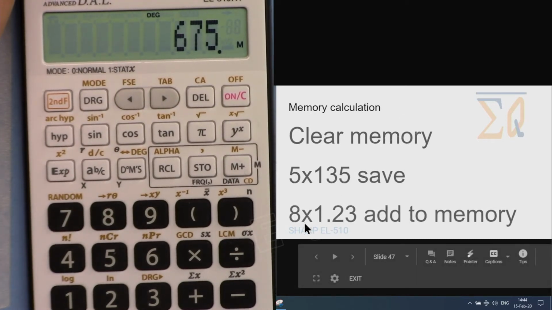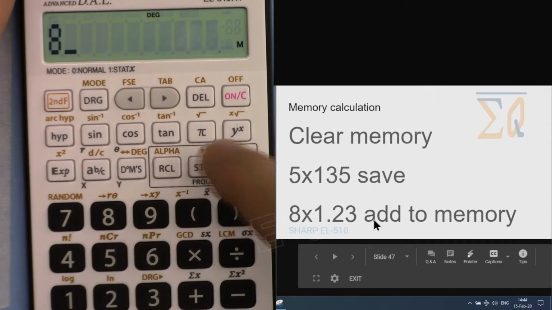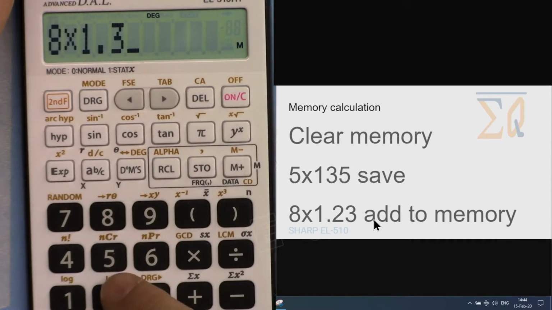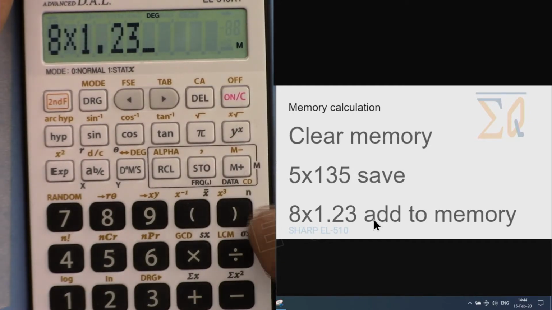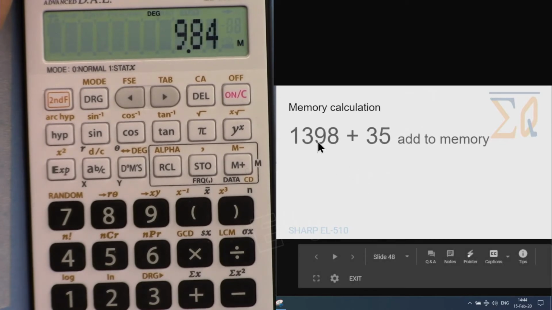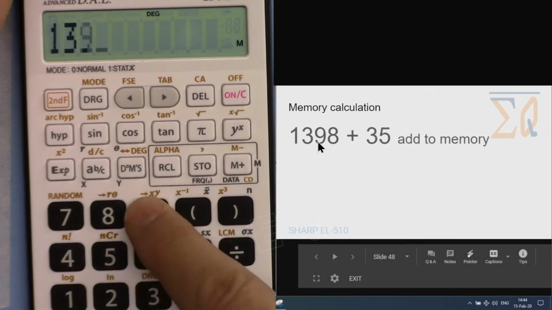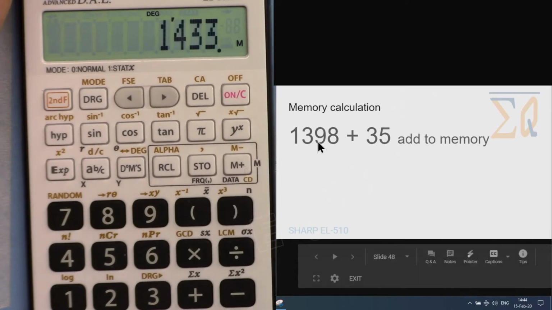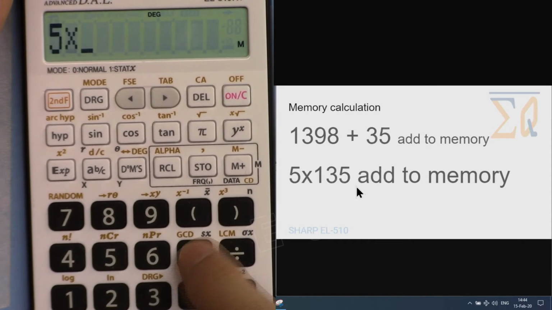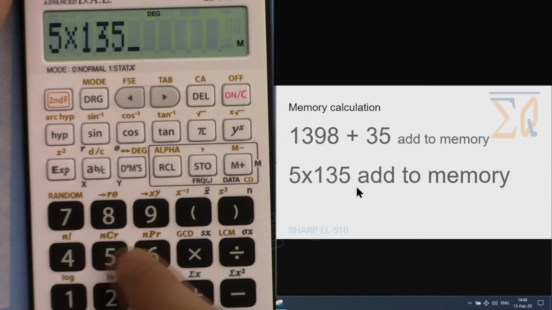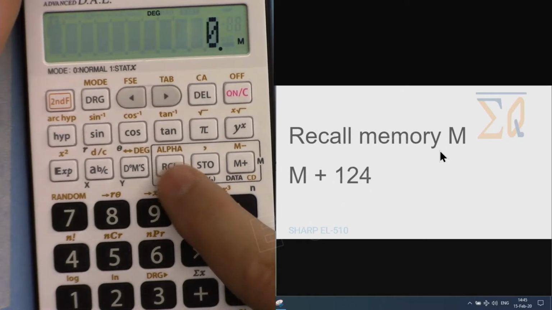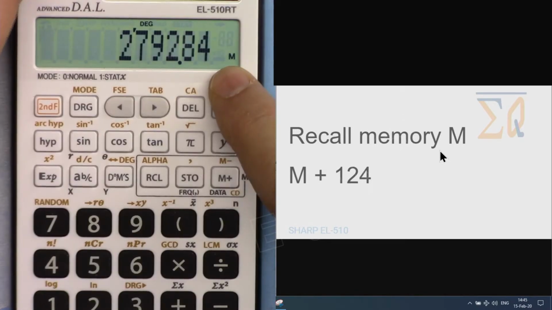And then you want to add 8 times 1325, 8 times 1.23, and then plus, just add it, and let's say 1398 plus 35, add it, it just adds it. 5 times 135, 5 times 135 again. Recall the memory, we press recall M, and that is the value.